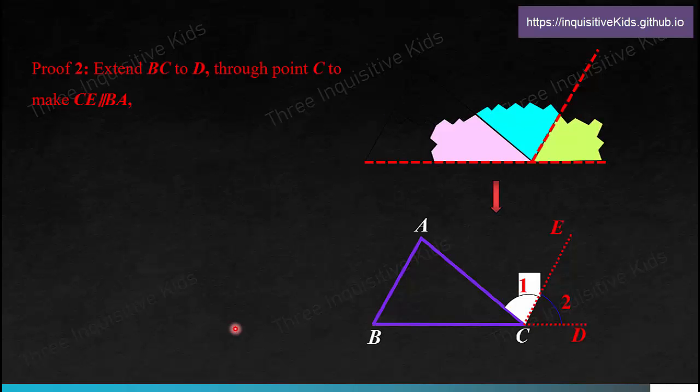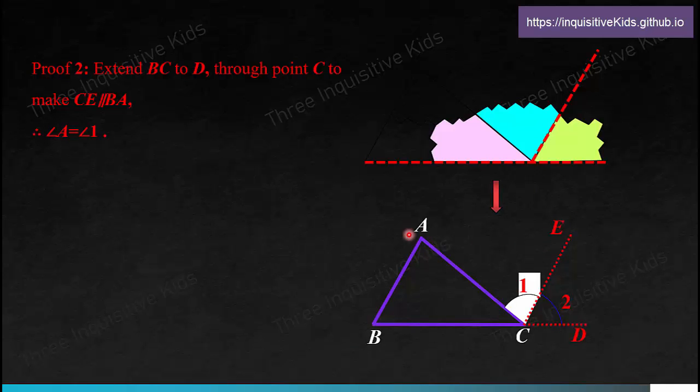Proof 2. Extend BC to D through point C to make CE parallel with BA.